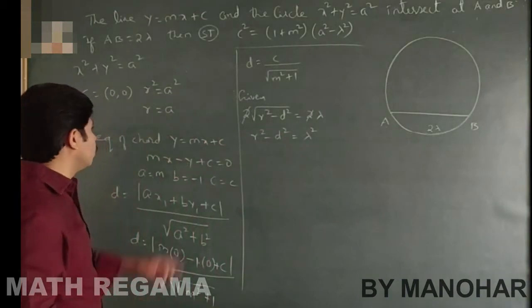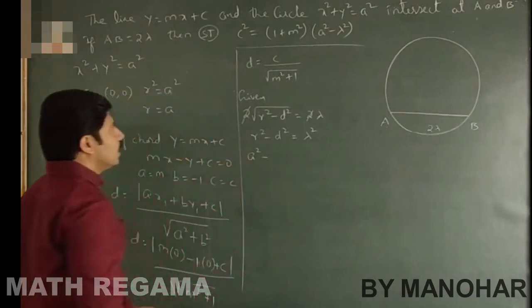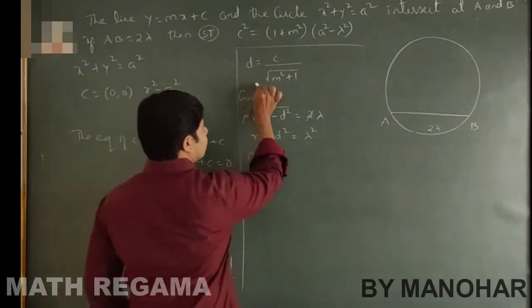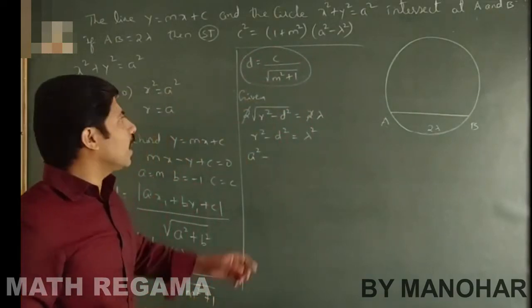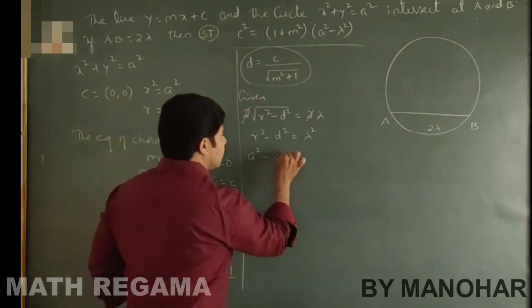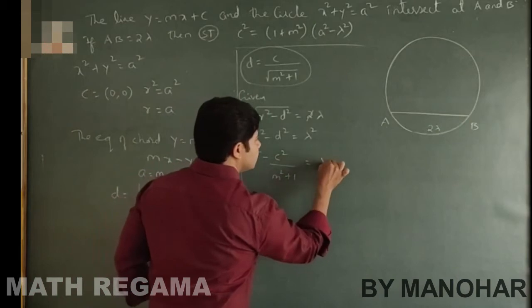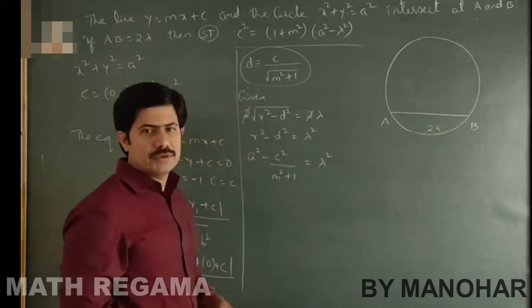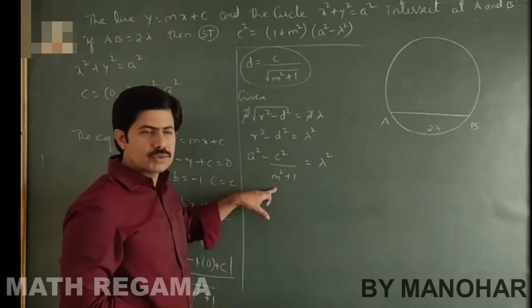After that we will substitute. r value is a. So a square minus d square. What is d? d is nothing but c by under root of m square plus 1. So d square will become c square by m square plus 1, is equal to lambda square. When we square d, this becomes c square by m square plus 1.